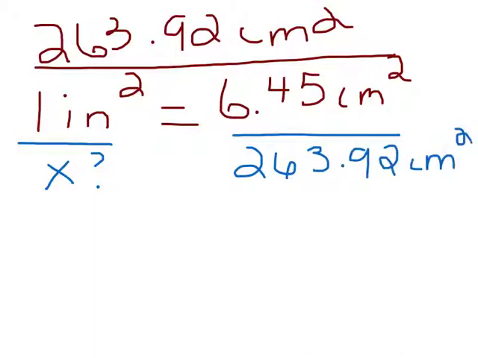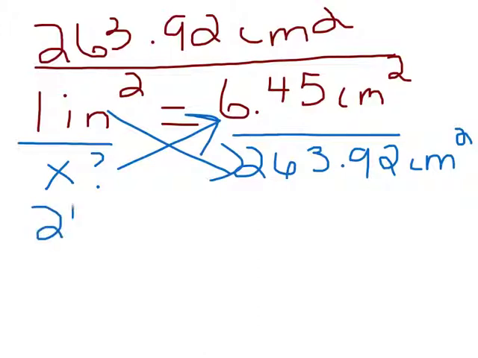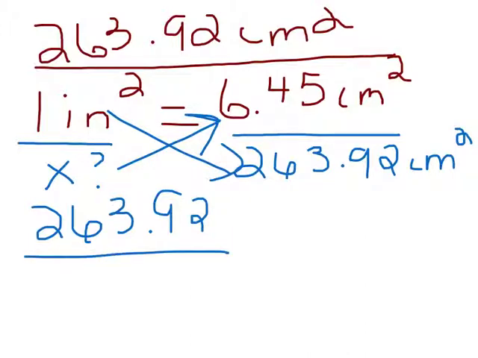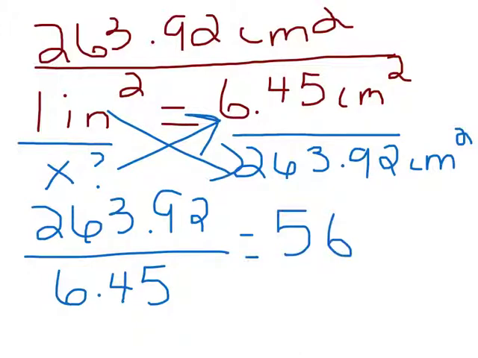I know I'm doing this right if my units are on top of each other. If I cross multiply this, it becomes 263.92 divided by 6.45, which gives me 56.42 square inches in total.